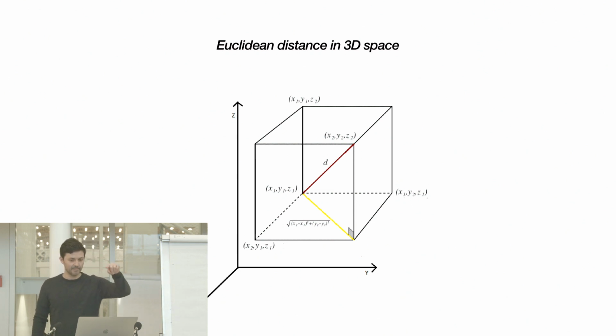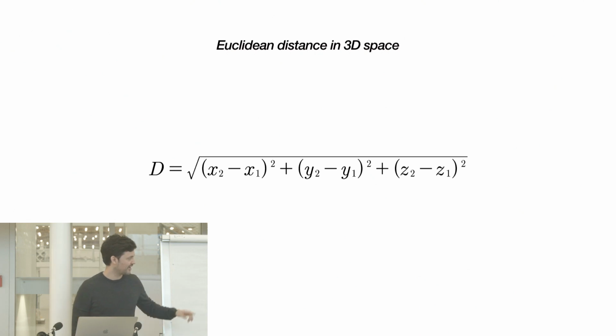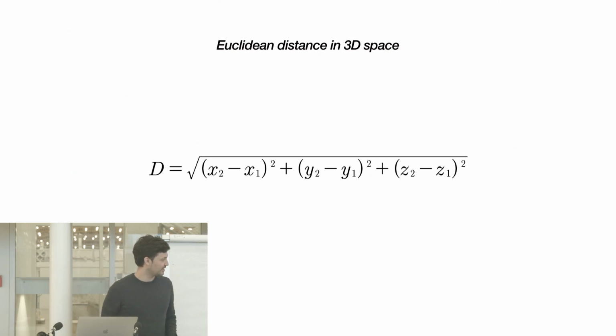One side is the square root of (x2 minus x1) squared plus (y2 minus y1) squared, then you have the z coordinate, and then you have the diagonal. So you just repeat the process. I don't even want to do it because it's trivial. You can do it whenever you want, and you just get this formula. You get a square root, and within it you have just the differences between each of the coordinates squared.